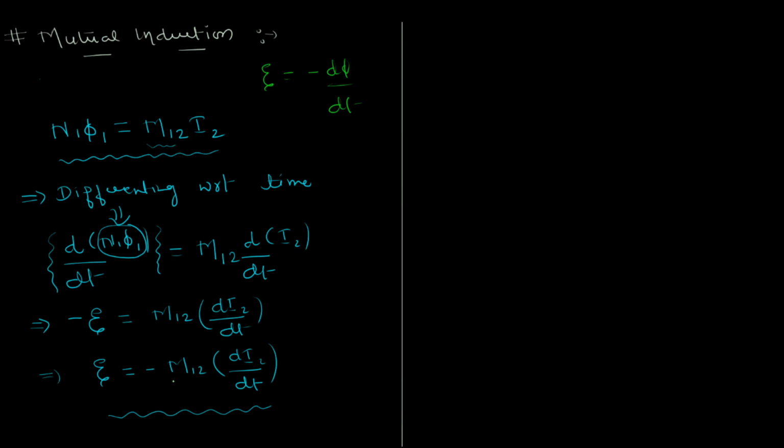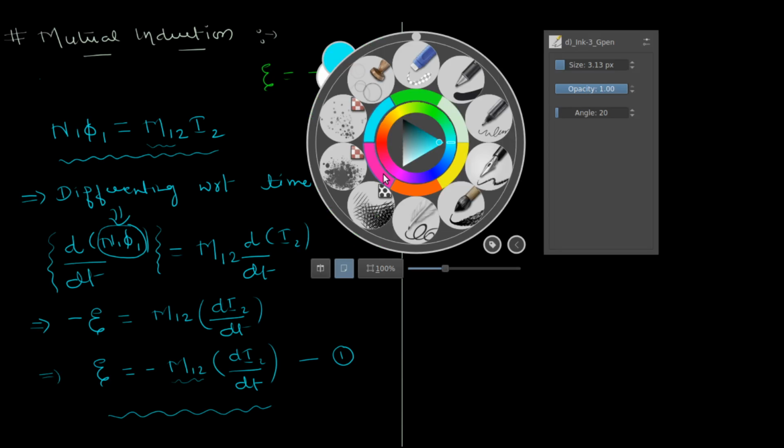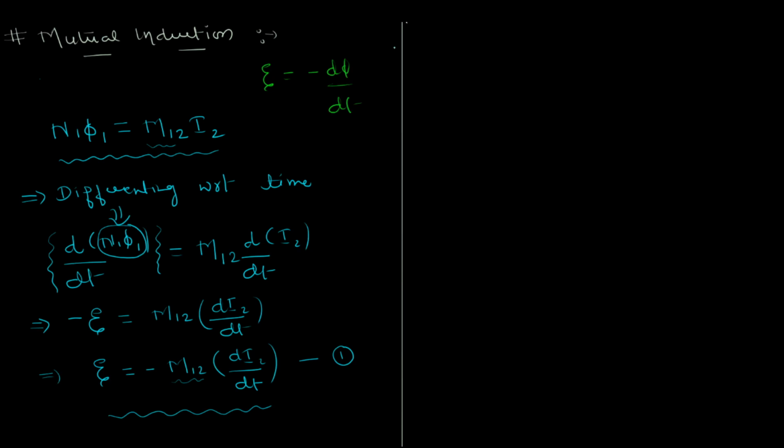So I'm trying to define that, and in order to do that, I'm going to use this equation right here. Let me call this equation 1. So using equation 1, I'll try to define how much is 1 henry.